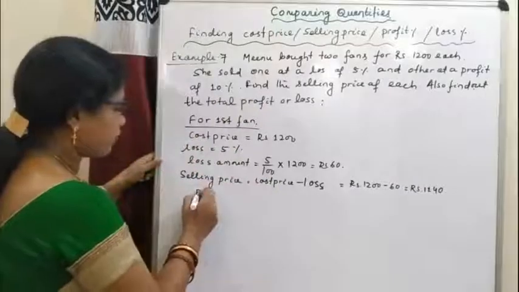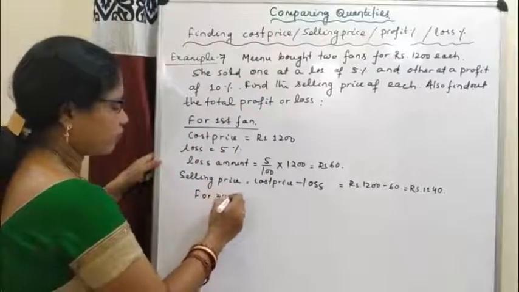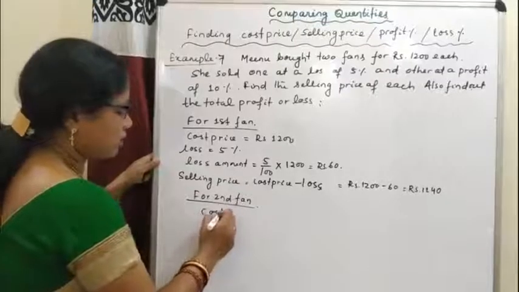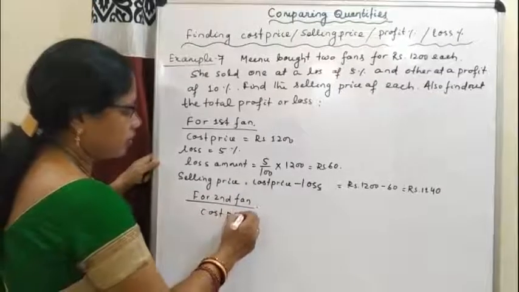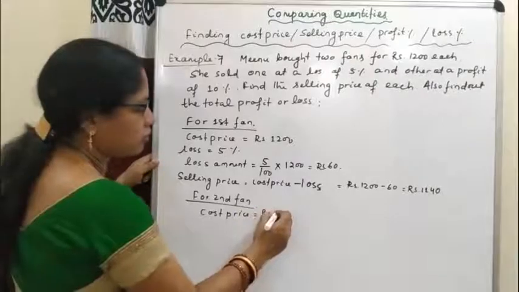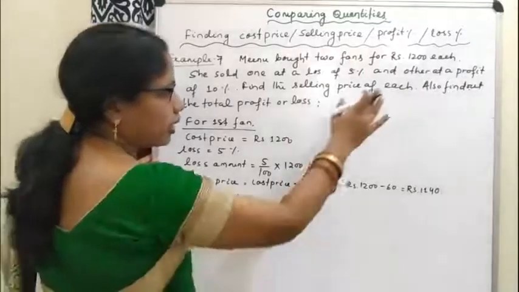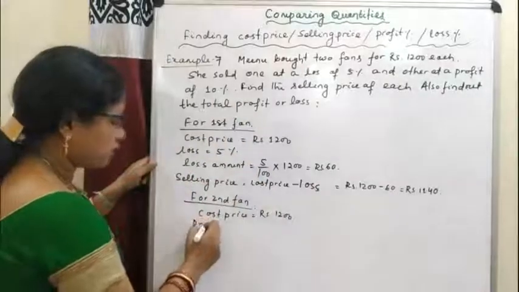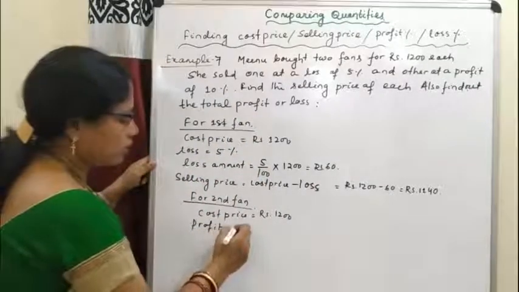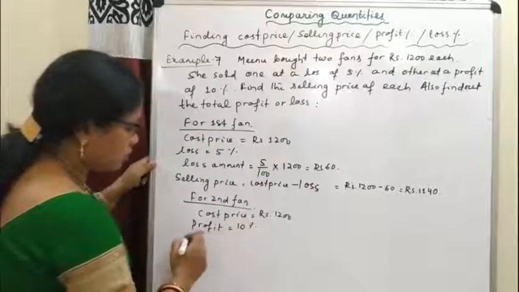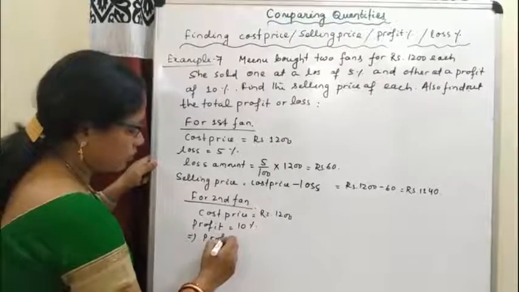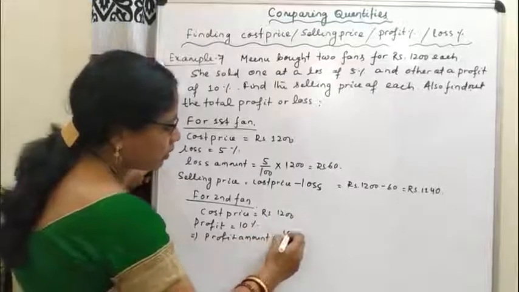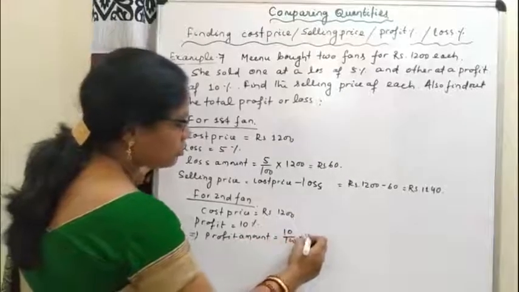So for the second fan, the cost price is the same, that is rupees 1200. The second fan is sold at a profit of 10%. So the profit amount is equal to 10 by 100 multiplied with 1200.